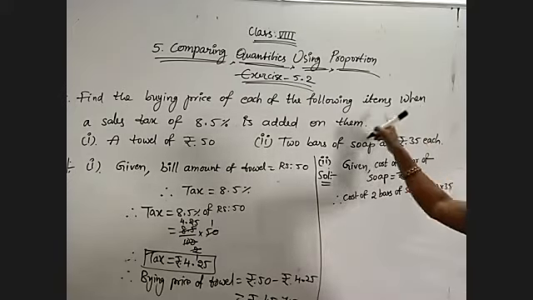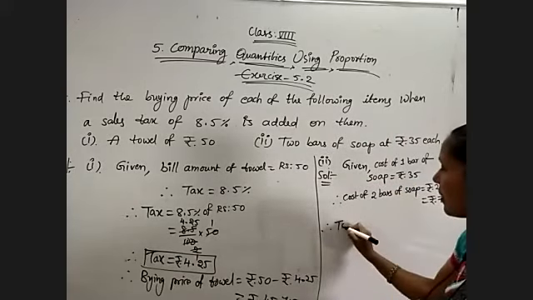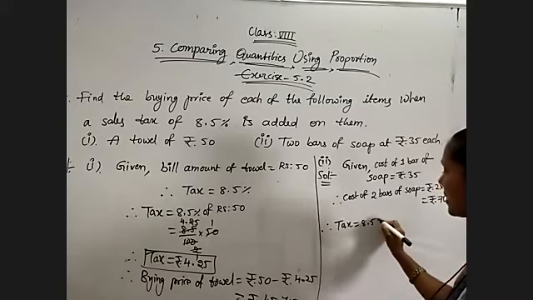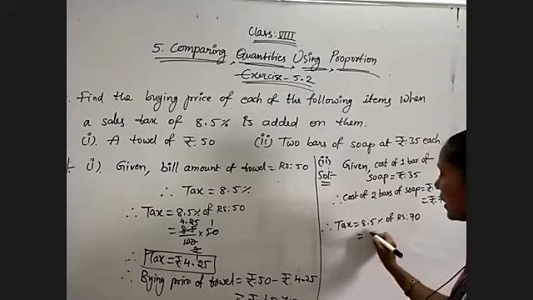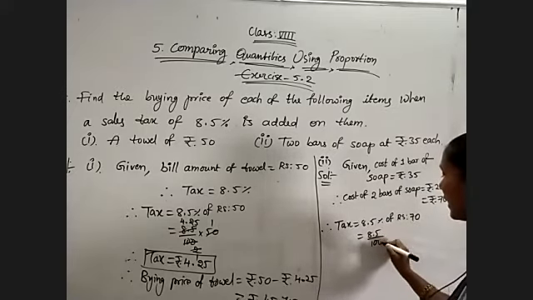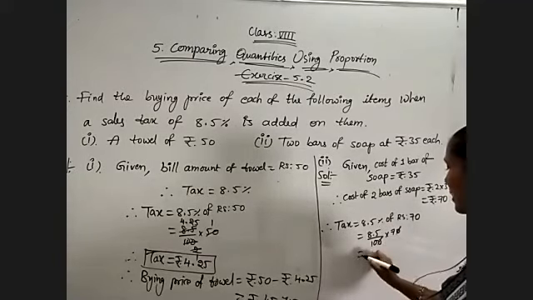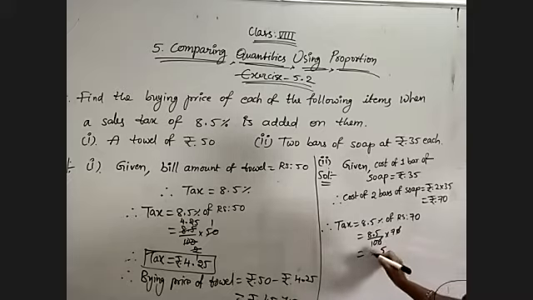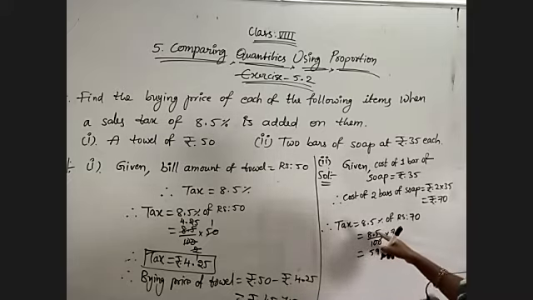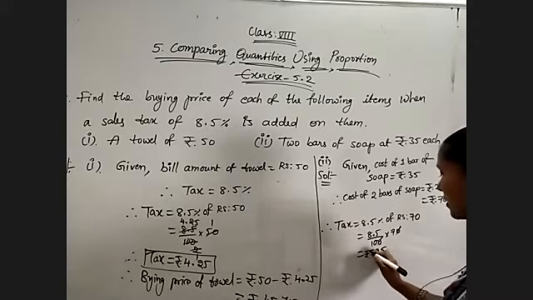Now find out the 8.5 percentage tax on 70 rupees. Therefore, tax will be equal to 8.5 percentage of 70 rupees. Okay, then that will be equal to 8.5 by 100 into 70. Okay, 0, 0 will get cancelled. 7 5s are 35, 7 8s are 56, 56 plus 3 is 59. And already one decimal digit is there and one more zero we have. So 2 digits we will get 5.95 rupees.